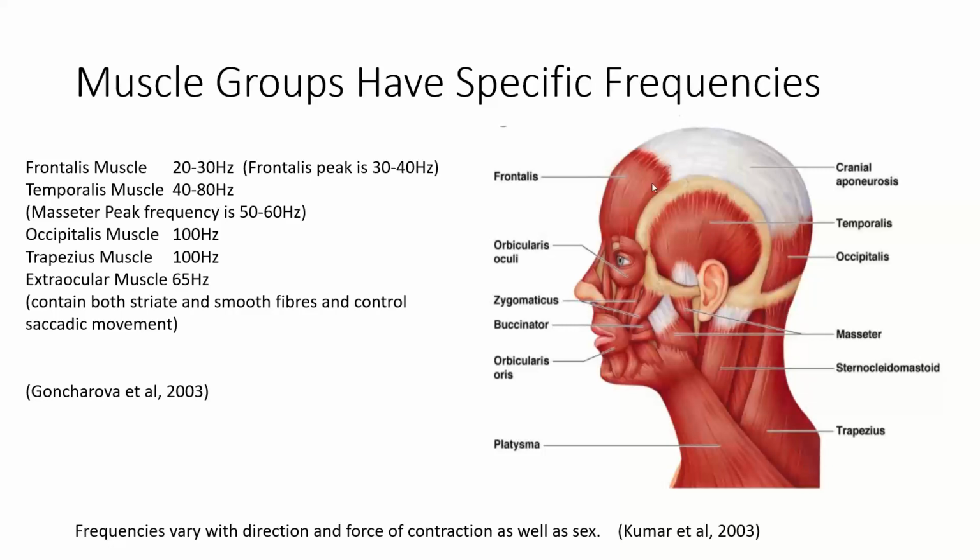And then you can see the temporalis below that is the masseter. You can see that down there. And that feeds into the same regions, as you can see, where it all anchors together on the scalp.